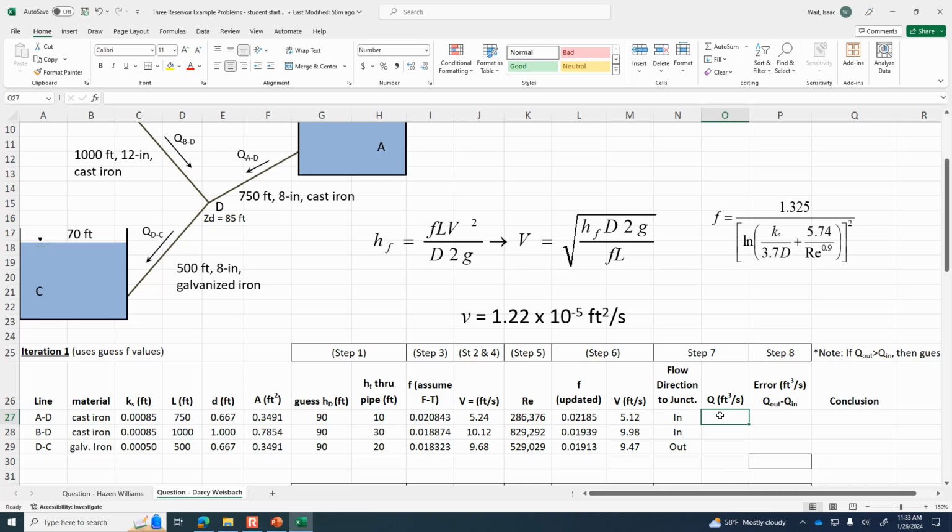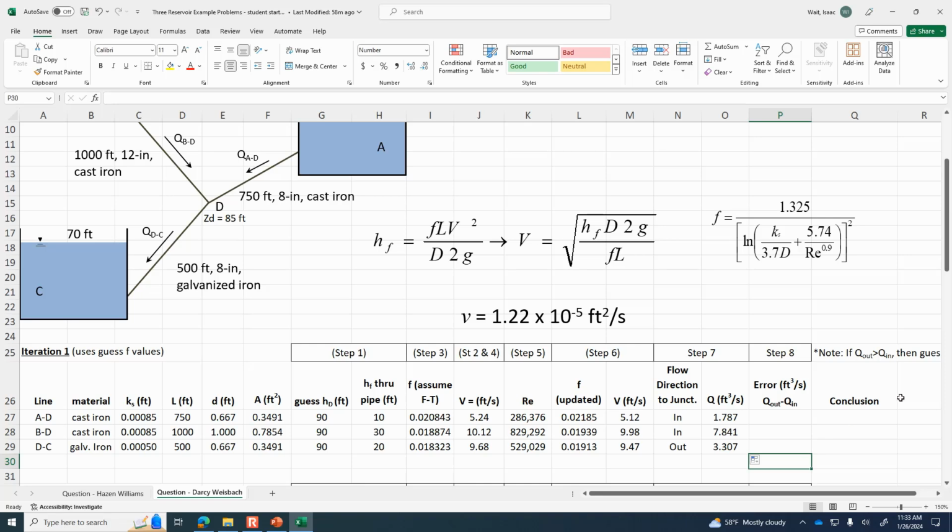And then the flow rate, Q equals VA. We've got the V right here and the A over there. So Q equals velocity times the area, and we've got a flow rate. So we can calculate the flow rate for each of the three pipes, and now we just want to look at, is it in balance, or do we have to make some adjustment?